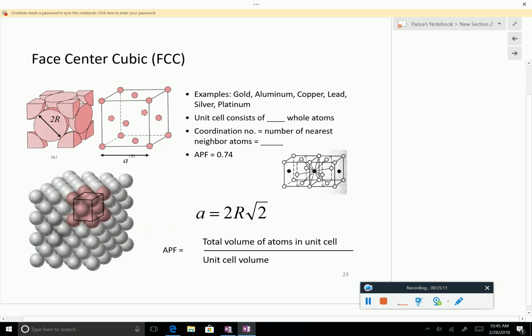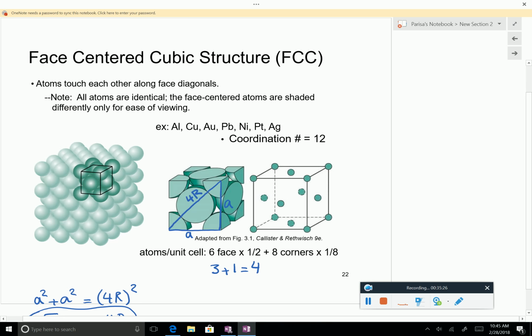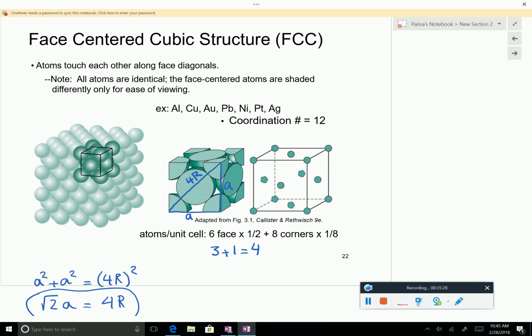So if you write A in terms of R, it will look like that. So try to fill up here how many whole atoms we have. The coordination number we didn't talk about, but you can convince yourself that you actually have 12: 8 like the previous one, plus 4 on the x.